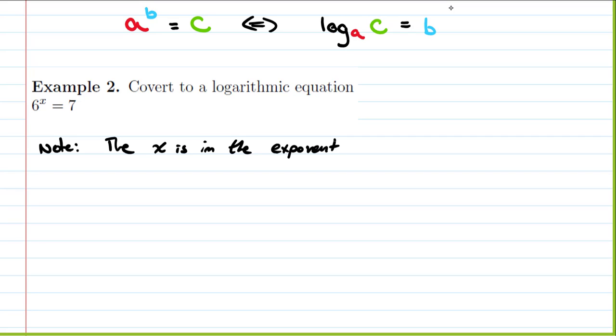So if we identify our a, b, and c, our a is 6, our b is x, and our c is 7. So then we rewrite this in its equivalent logarithmic form. We have the logarithm with a base of 6 of 7 is equal to x.